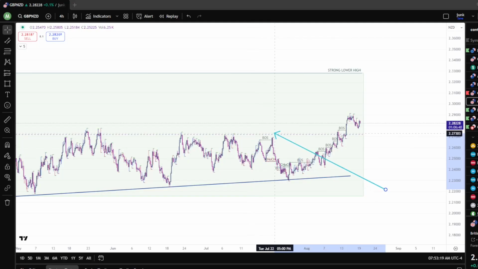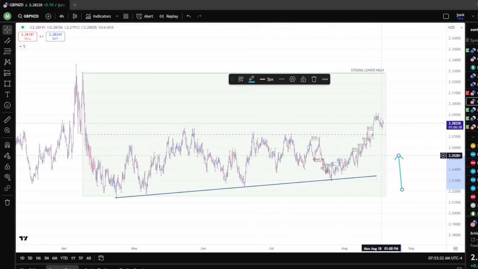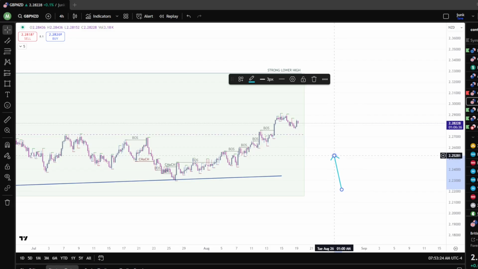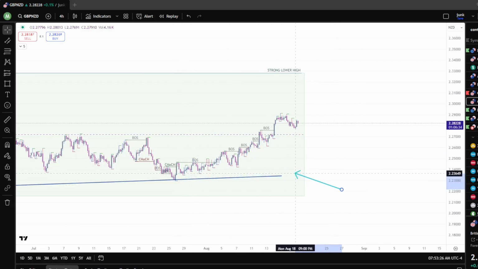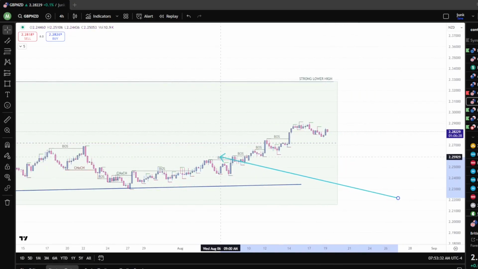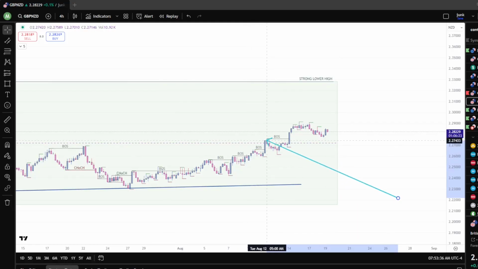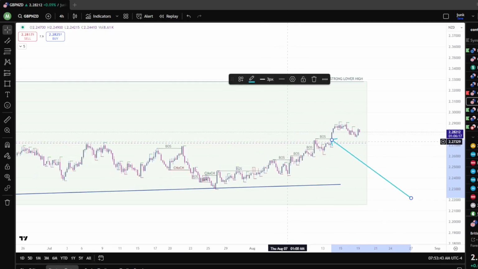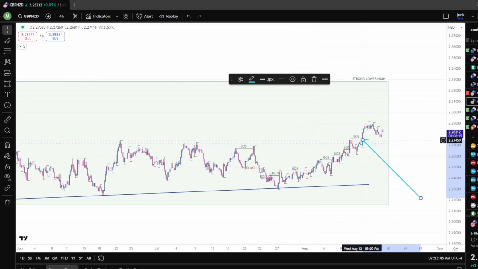Sellers always stepped up and pushed prices back down, but now buyers have held this trend line. Unlike with GBP AUD, this trend line had held strong with GBP NZD, and structure broke to the upside, and finally tapped into premium of this overall structure, and the impulse out of it continued to push deeper into premium.